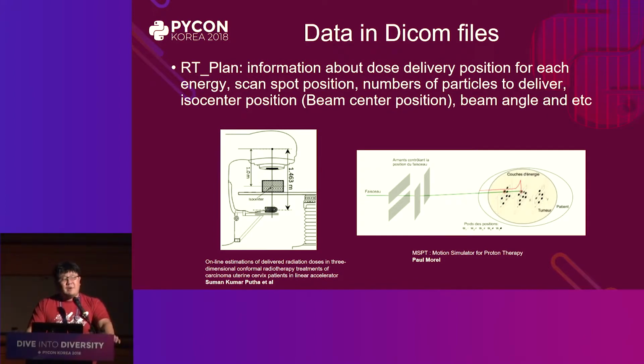One is the scan spot position, which is the X and Y distance from the origin. And the second one is the weight, which means the number of total particles that will be delivered to the target. So this information is the raw data that we need to reprocess.